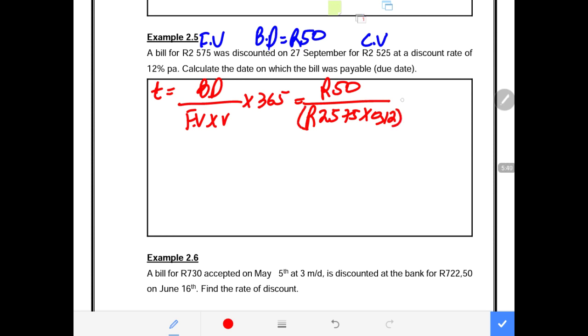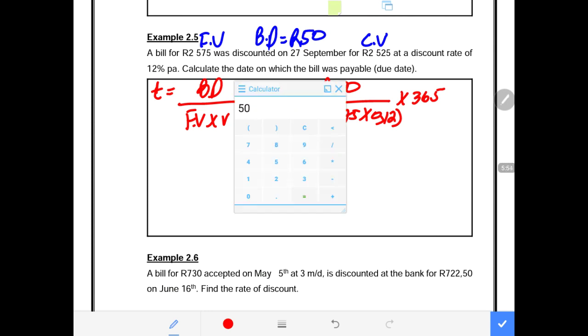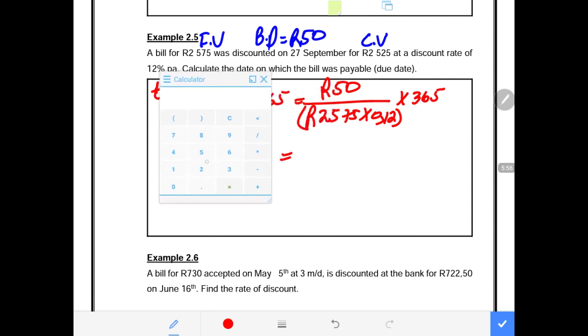Then just close there, then multiply everything by 365. So now that means further on we will be calculating our T. So now it will be 50 rand divided by 2,575 times 0.12, times 365.